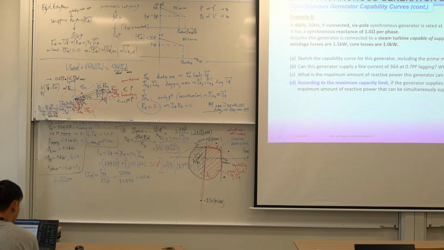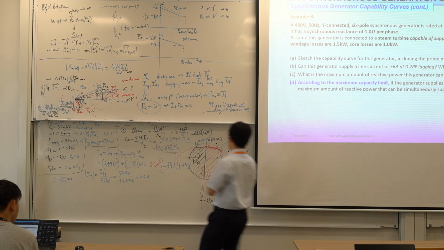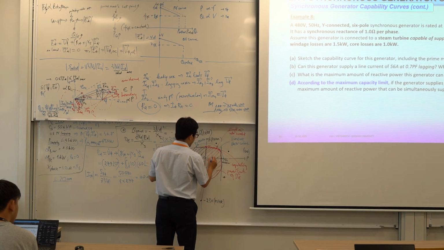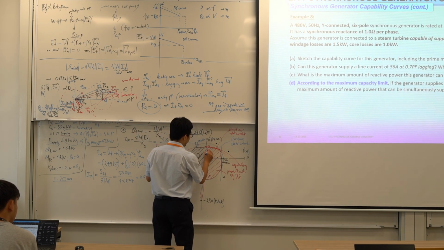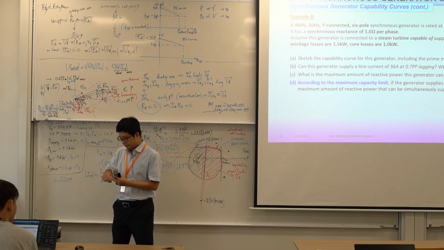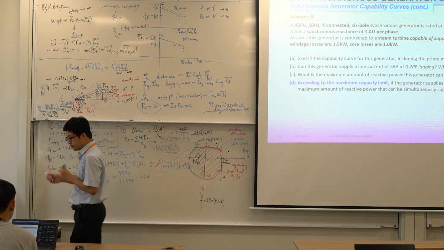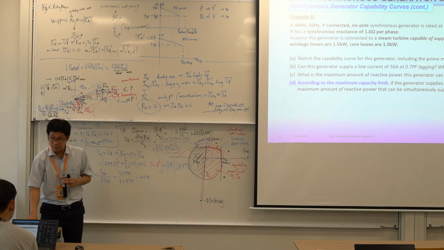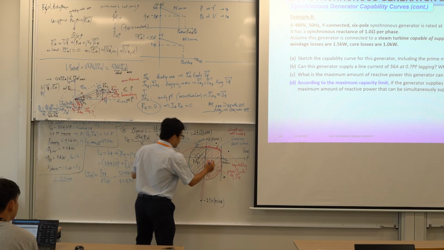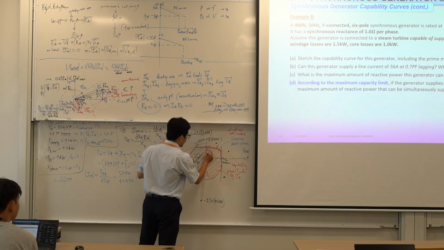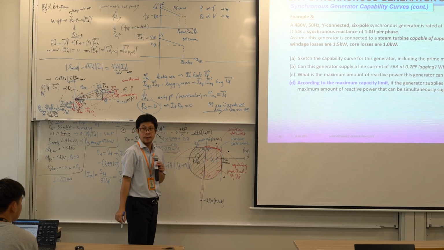If we have P1 here, we can get Q1. You're with me? If you have P1, you get Q1. This is a limit curve. If we have P2, you can get Q2.